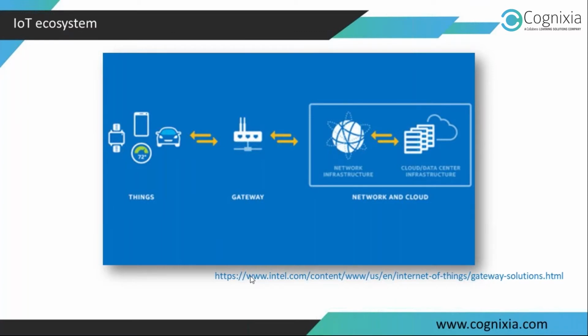And a gateway can play multiple roles. The second role a gateway can play is that it can enable your devices to work in offline mode, without any internet connectivity, by offering them the services which are usually offered by cloud platforms.